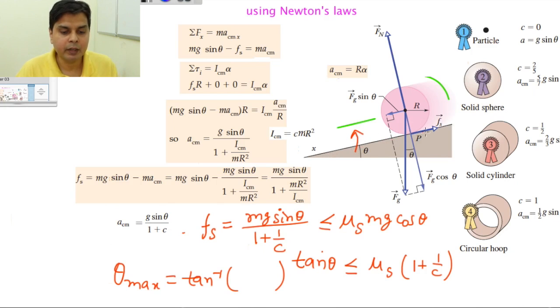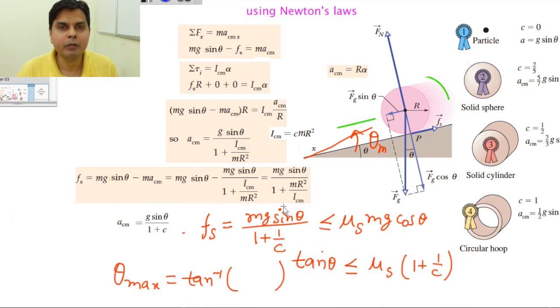For a fixed mu, that is for a fixed surface, there is a particular angle, say theta m, that is the maximum theta. Up till this point you can have pure rolling, rolling without slipping. But if you go beyond this theta m, then slipping will start. This is the mathematical reason, because I have proved it mathematically using this, that tan theta is less than this thing, so theta max is this thing.